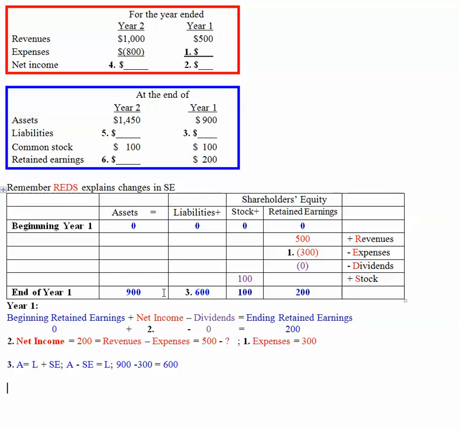So let's check it out. You've got 900 of assets. 600 of those assets are creditors' claims. The remaining 300 are the investors' claims.